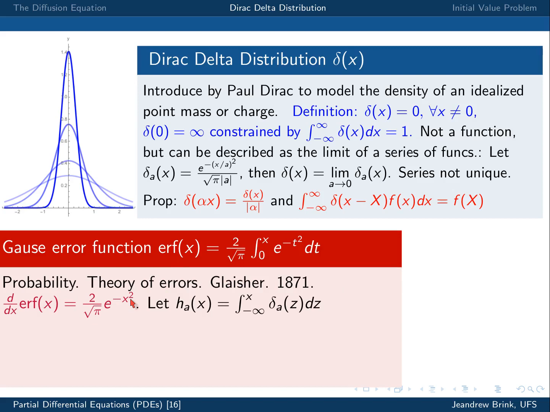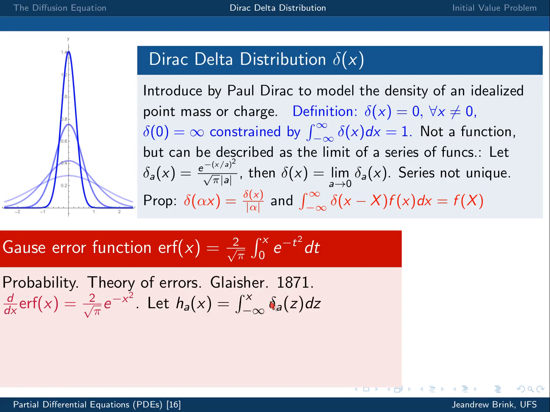Okay, so now to connect it directly to the series of functions that ultimately leads to delta functions, which are also the functions that characterize the self-similar solution to the heat equation, let h of a be equal to the integral from minus infinity to x of delta a of z.